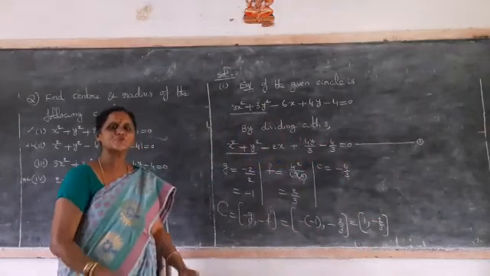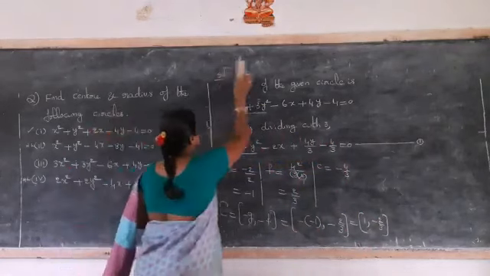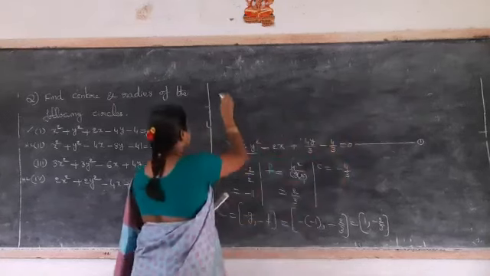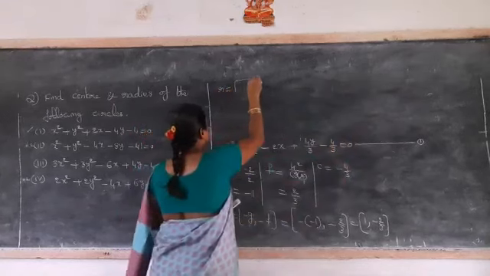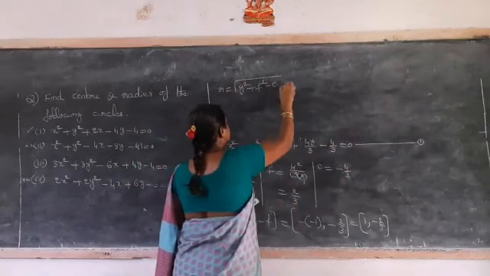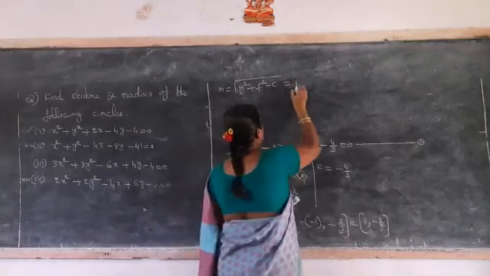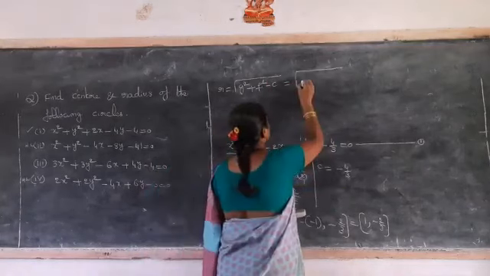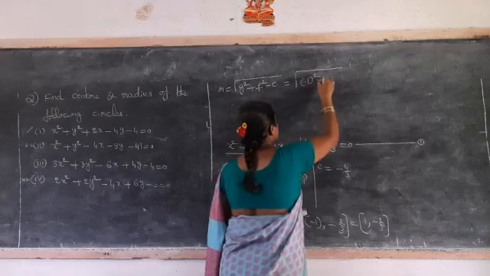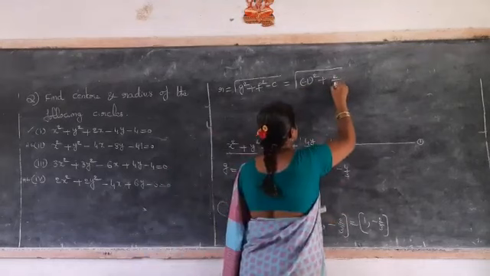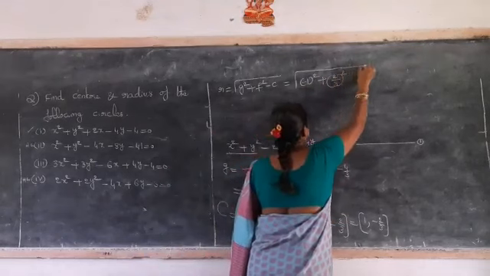Next you have to find the radius. So small r is equal to formula root of g square plus f square minus c. What is g? Minus 1. So minus 1 whole square plus f, that is 2 by 3 whole square, minus c.